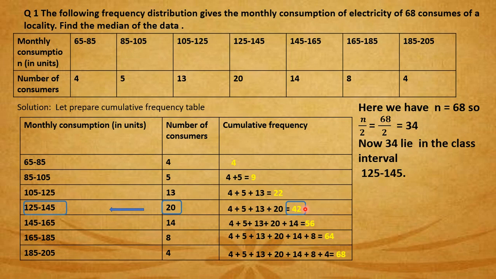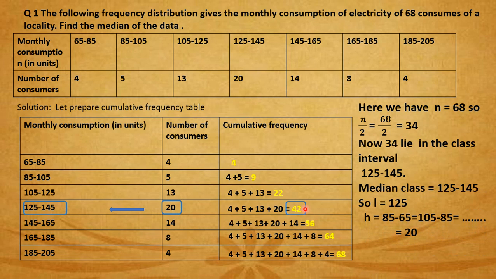In this class interval, 125 is the lower limit and 145 is the upper limit. For the median formula, L is equal to 125, the lower limit of the median class 125 to 145. The height, the size of the class interval, is the difference of upper limit and lower limit: 85 minus 65, 105 minus 85, 125 minus 105, 145 minus 125.